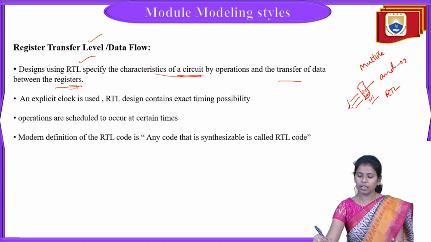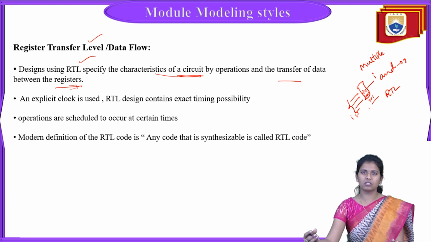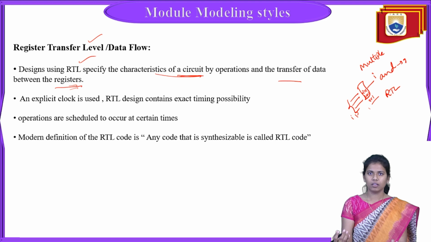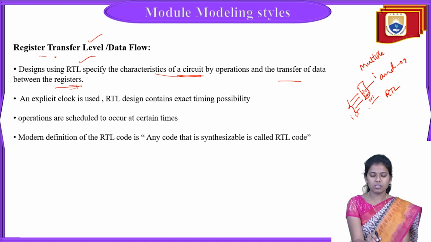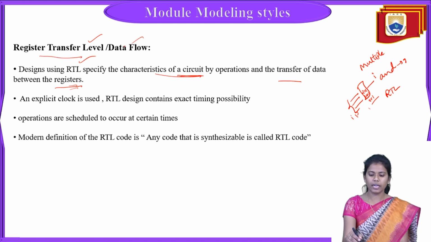Many inputs, but a single output at the multiplexer. In this multiplexer we could see some registers to store the data, isn't it? When we store information in the registers, sometimes there is a possibility of transferring the data between the registers. That can be carried out using the register transfer level, or data flow. We can call RTL the data flow.